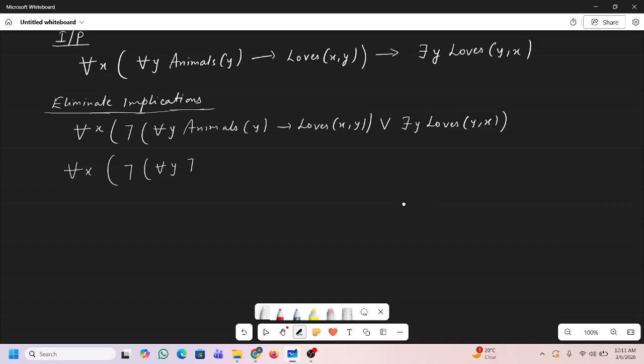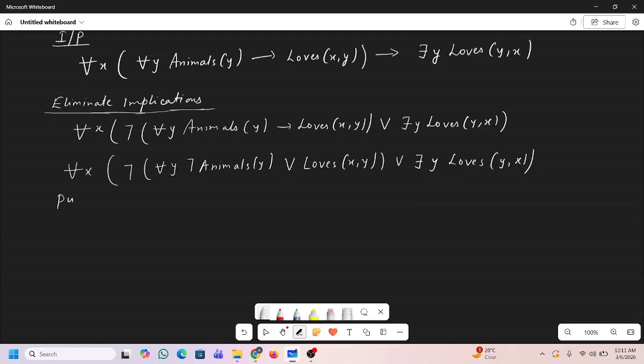Now here negation will come, so negation of animals y, and then here or will come, loves x comma y, and then here existential quantifier y loves y comma x will come. Now we are free from all the implications.